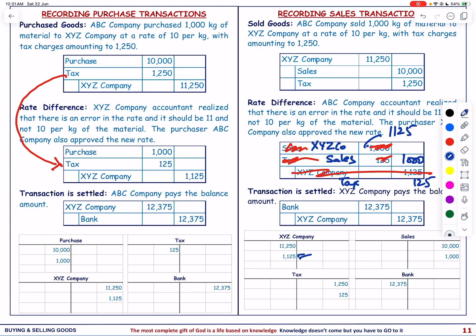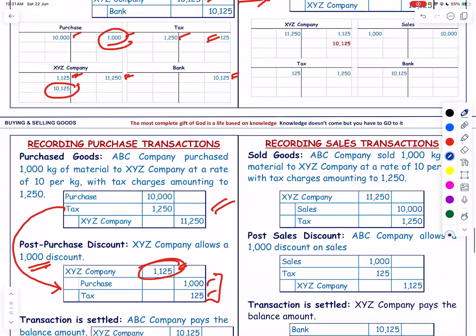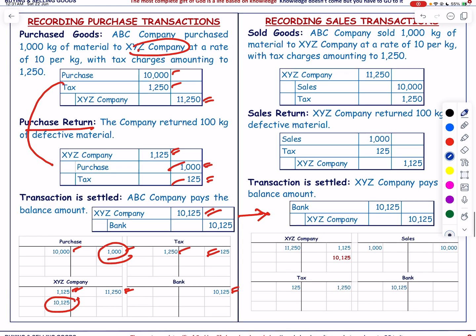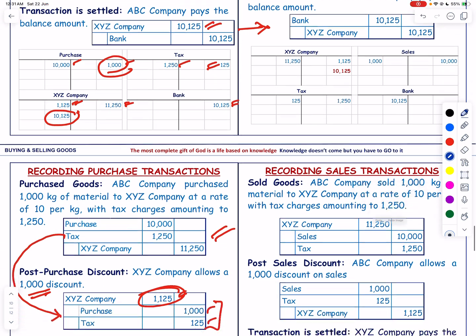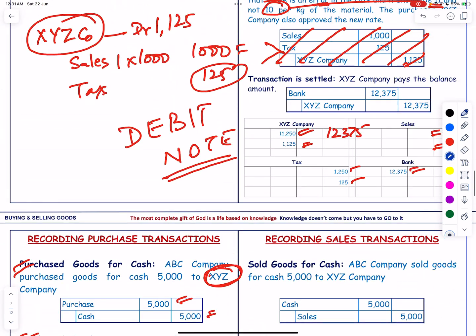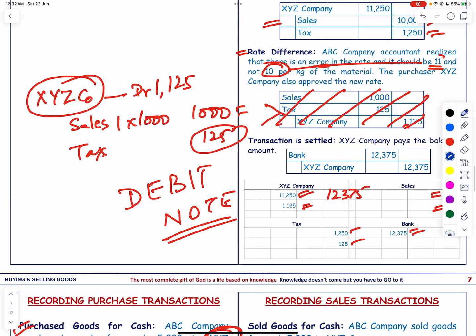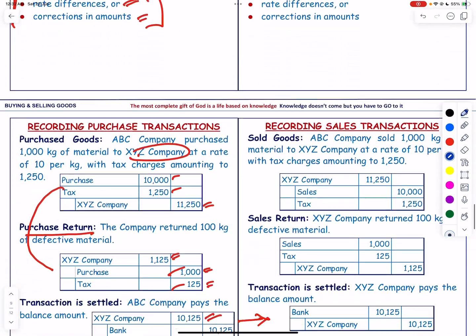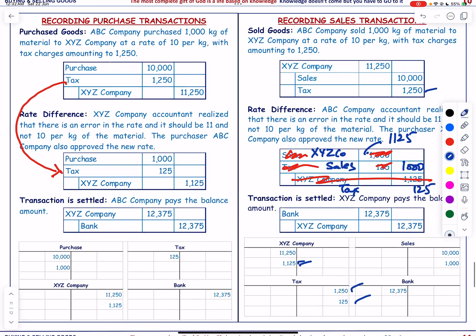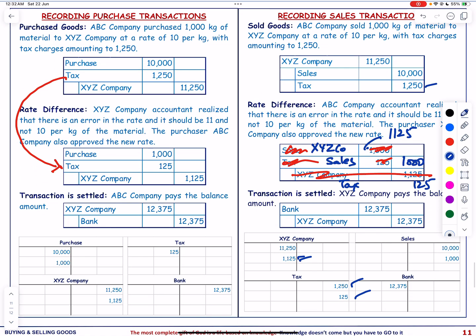And taxes are 1250 plus 125. This is for the sales. There was a mistake over here, I think. Sales return, there was a mistake in this transaction and I have made the correction over here. So I have simply copied it down over here, nothing else.